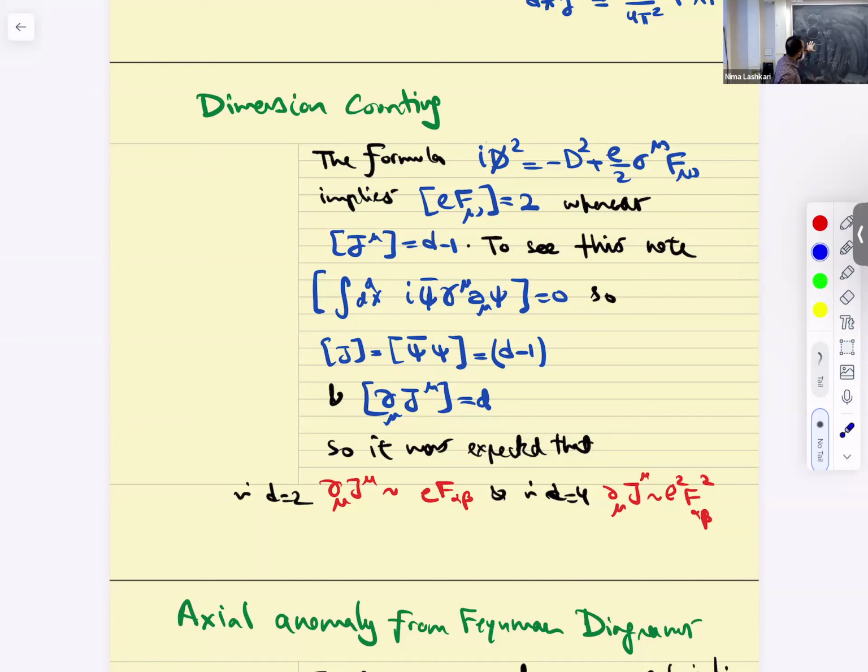And this gave us J mu nu. When we took a derivative out of that, this gave us an F. Now we know that in 4 dimensions, it's going to look like F squared, with two of these guys. So do you have a guess at what diagram is going to help us?